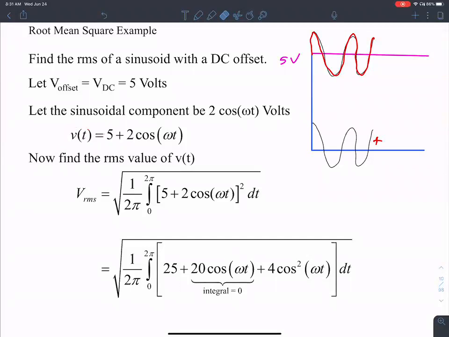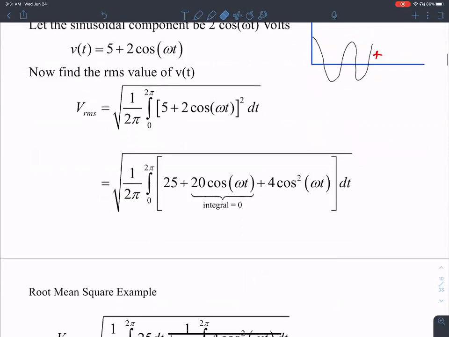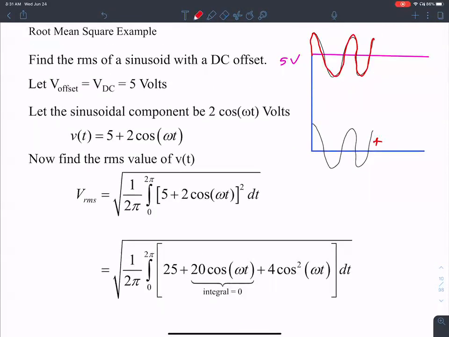So what is the root mean squared of a sinusoid that has a DC offset value? Well, we could do the exact same thing: 5 plus 2 cos omega t, whole squared, and integrate that and divide it by the time period 2 pi. This is 5 plus 2 times cosine omega t.